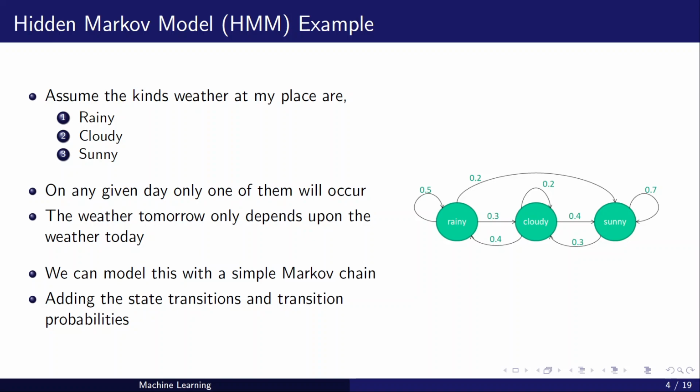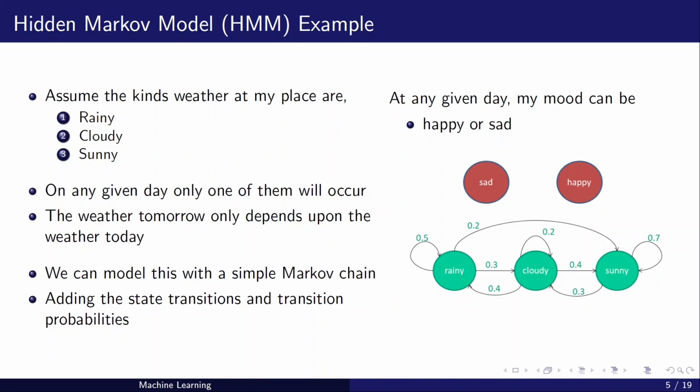Now let's say this part is hidden from us, and we have another set of variables which is called my mood, and this can have only two states: happy or sad. This is not observable, this is a set of hidden variables.